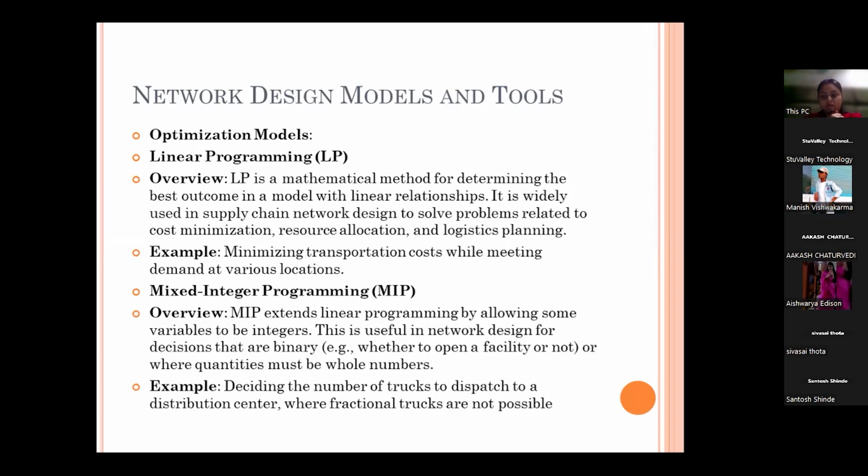What is the difference between a linear program and a mixed integer program, MIP and LP? Yes. LP is linear programming. This is a directly proportional relationship. If the input is 5, then the outcome will also be 5.